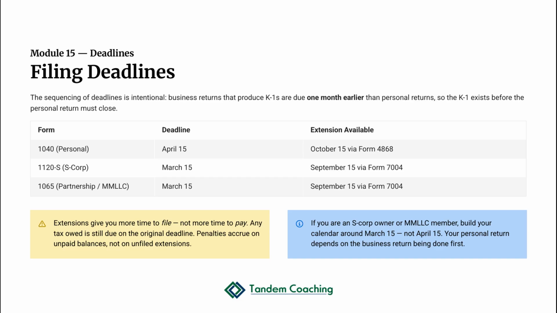An S-corp filer who extends has to file 2 extensions, Form 7004 for the 1120S extension to September 15th, plus Form 4868 for the personal extension to October 15th. One extension does not cover both returns. Missing one or both means late filing penalties at the entity level, the personal level, or both.